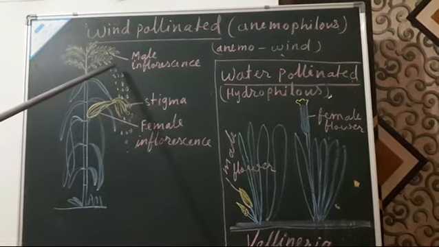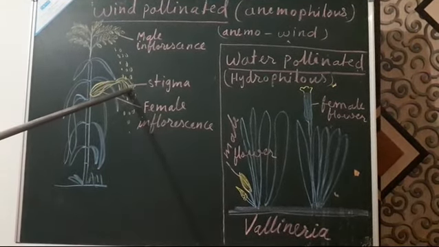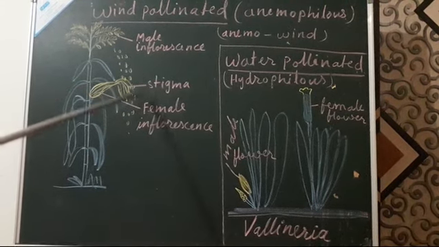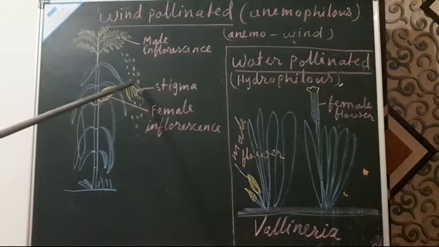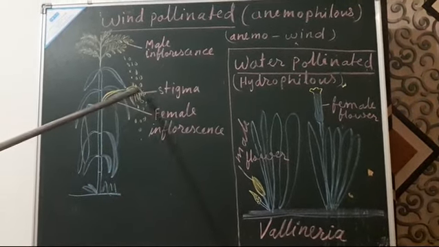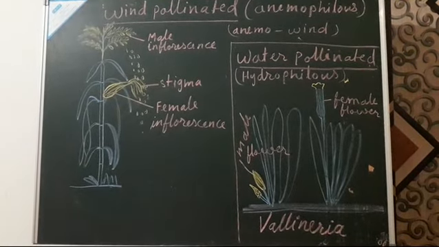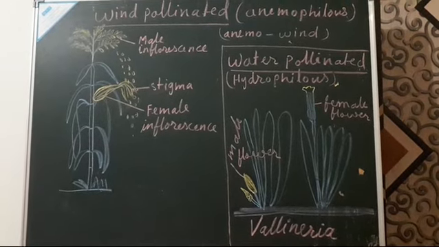There are so many pollen grains that some may fall on the stigma of the female flower, and some will go waste. Since it is wind pollinated, a number of pollen grains go waste, some may fall on the stigma, and fertilization takes place. Pollination occurs, fertilization takes place, and the next process, fruit formation, will take place.